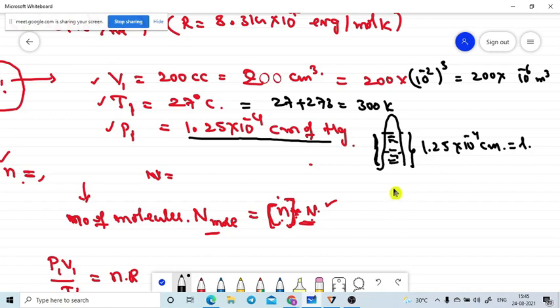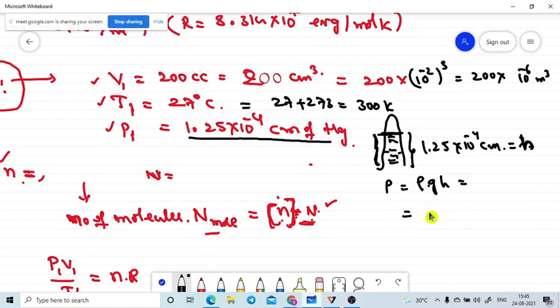By the height of the liquid. Yes, it is the height of the liquid, H only. So how can you find what is the pressure? Pressure P due to the liquid column is equal to rho G H. So rho, you need to remember this one, the density of the mercury.